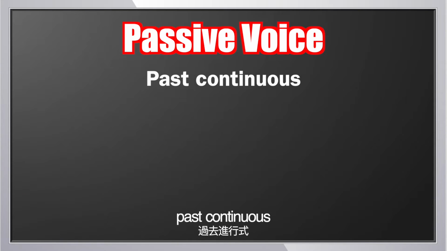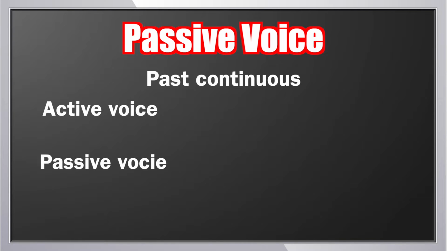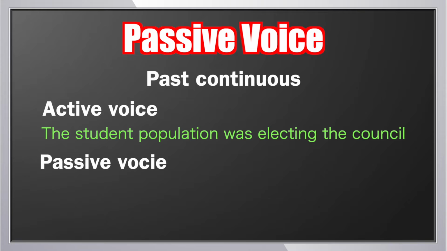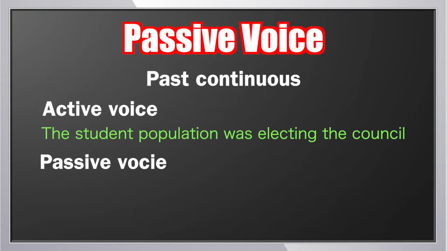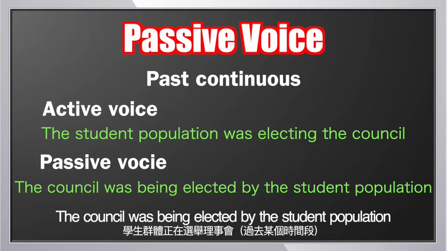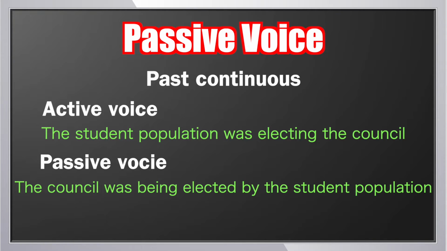Past continuous. Active voice. The student population was electing the council. Passive voice. The council was being elected by the student population.